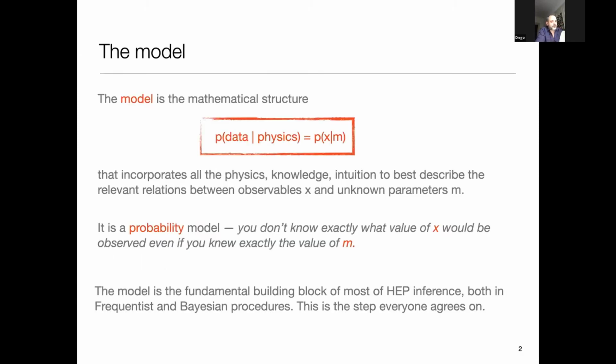So yesterday we were at the point where we introduced the important building block of any inference.